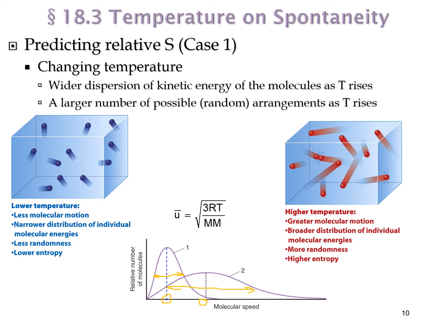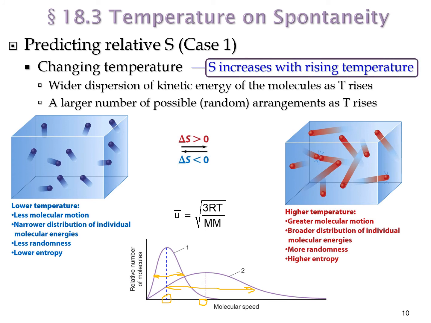So the more chaotic the system is, the greater the entropy. From this discussion, we understand that as temperature increases, entropy increases. That is the fundamental conclusion we can draw from this case.